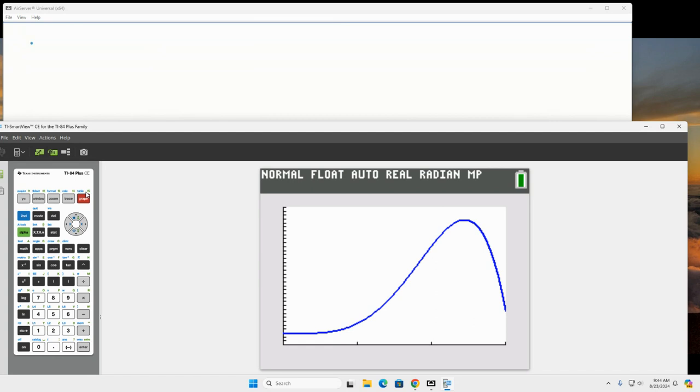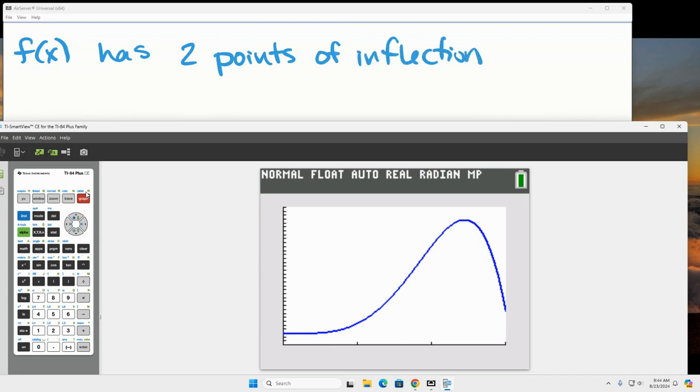It's going to be f of x. And f of x has 2 points of inflection. Three local extrema.